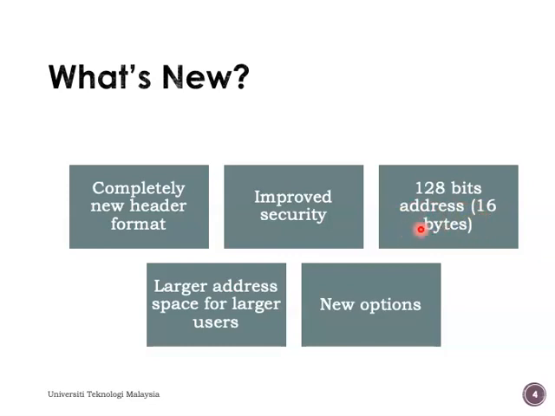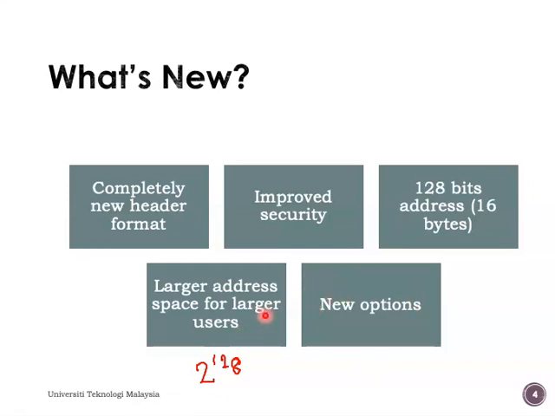This is totally different from IPv4, which has only 32 bits of address. So you can imagine the address space is very large. It's huge, basically 2 to the power of 128.